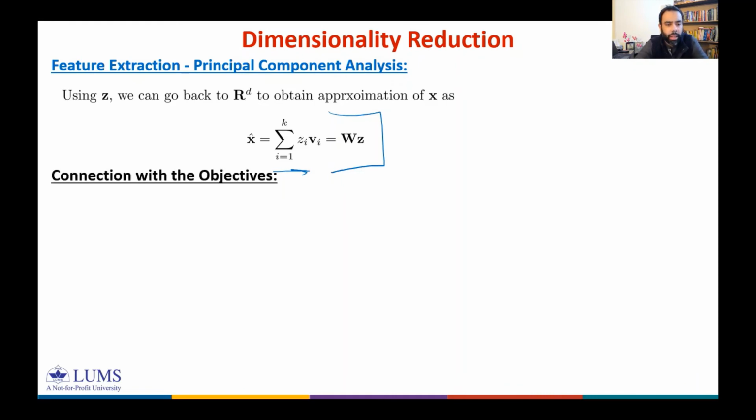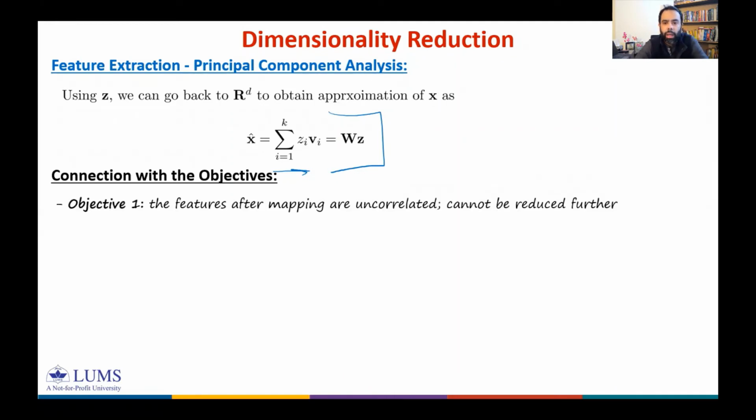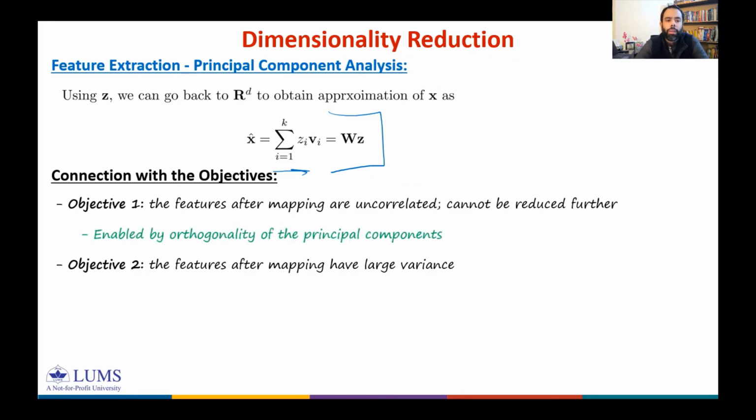Let's again connect with the objectives we had. We had two objectives. The first objective was that the features after mapping are uncorrelated. And the second objective was that the features after mapping have large variance. If you see all of our formulation, we have served objective one because the vectors in V, or the vectors in W, are orthogonal to each other, and orthogonality implies uncorrelatedness.